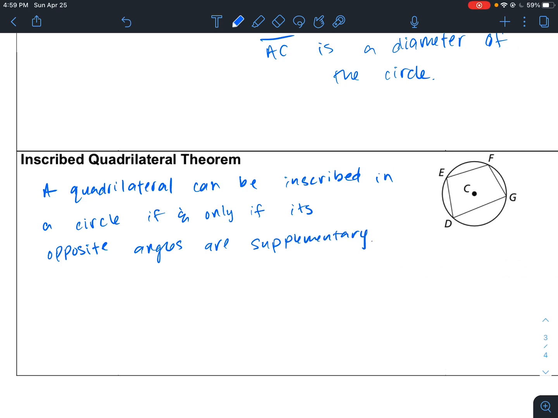So pause the video if you need to go over that or write that down. But a quadrilateral can be inscribed in a circle if and only if its opposite angles are supplementary.